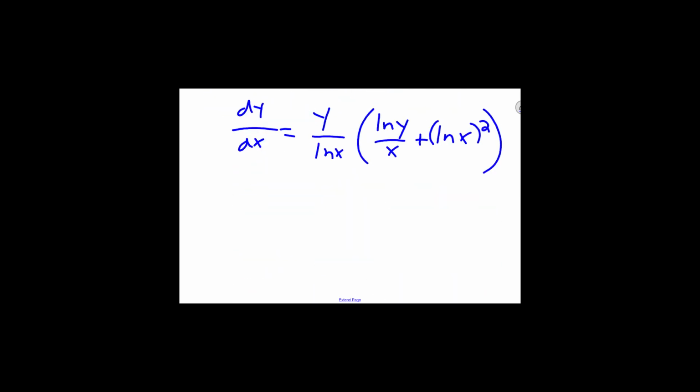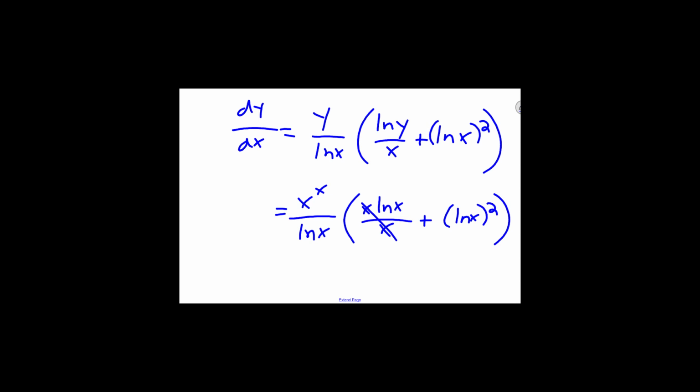So this would be x to the power of x over ln x times ln y over x, which is ln x to the power of x, which is x ln x, over x. That's going to cancel, plus ln x squared.